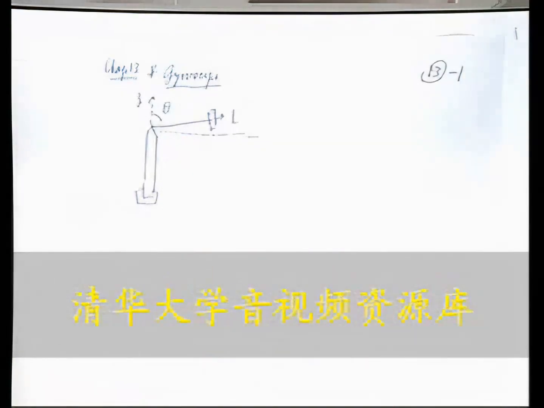It's at an angle of theta. There were several cases, I said, where we had analyzed how it moves.